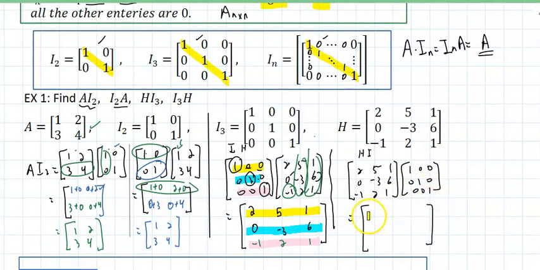For the first, I use the first: 2 times 1 plus 5 times 0 is 2. So again, only the first piece will survive. For the second, 2 times 0 is 0 plus 5 times 1 is 5. Only the second piece will survive. And for the third one, I multiply by this: 2 times 0 is 0, 5 times 0 is 0, negative 1 times 1 is negative 1.